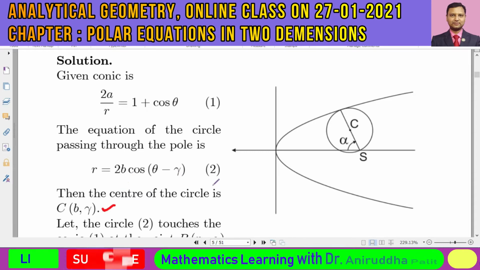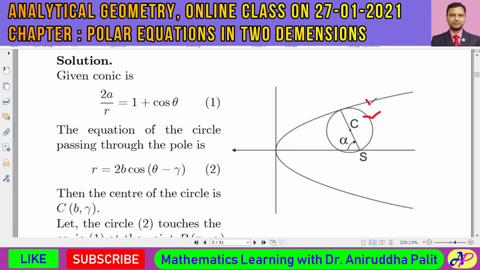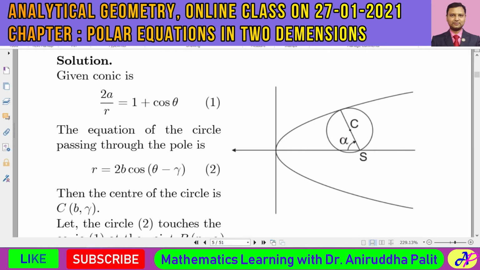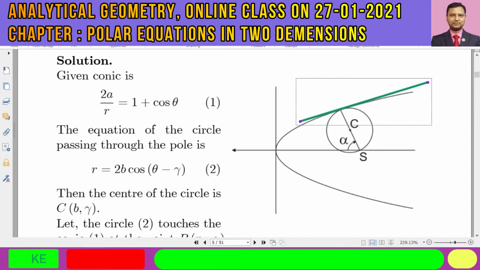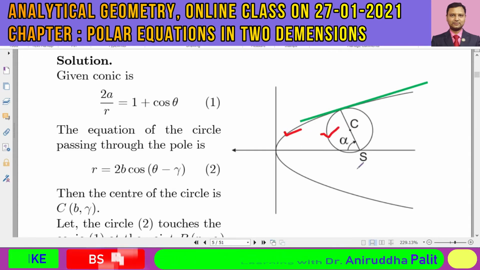Got it? And as per the question, this circle touches this parabola. Therefore, we can say that there is a common tangent line, this kind of tangent line, which would be tangent to the parabola and to the circle both.